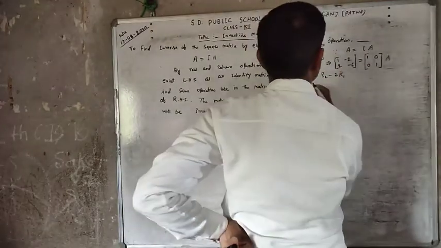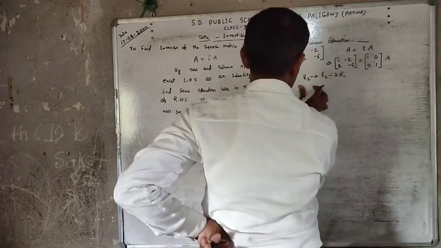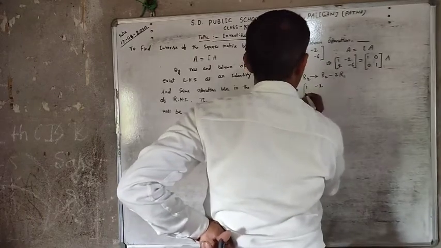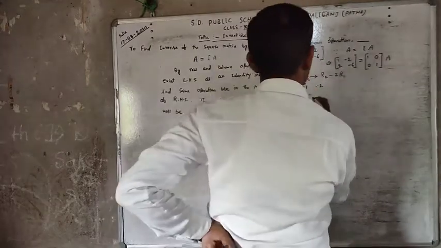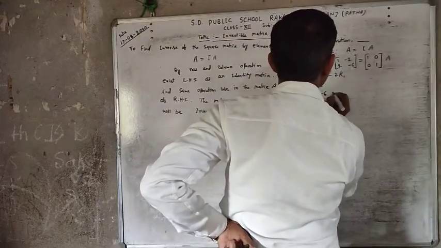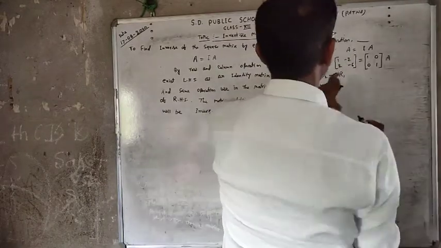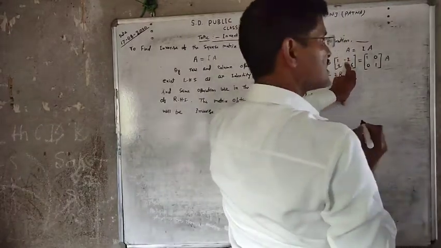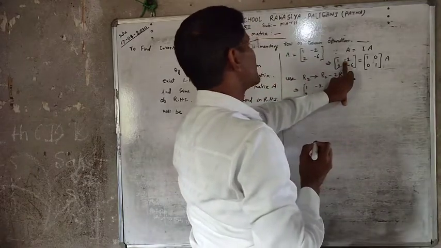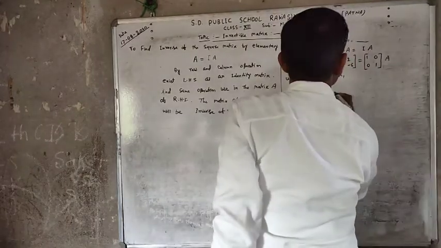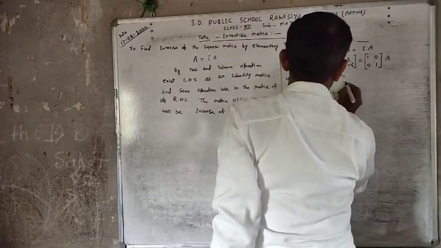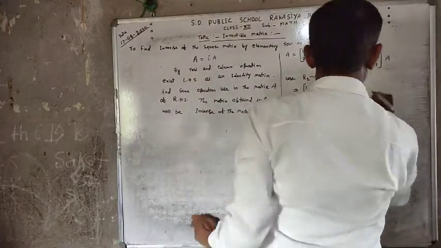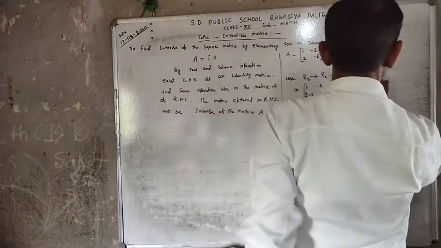Then we get 1, minus 2 and 2 minus 2, and minus 6 minus, multiplied by 2 in the first row, the second element will be minus 4, so minus 6 minus 4. The same process is then operated in the RHS.